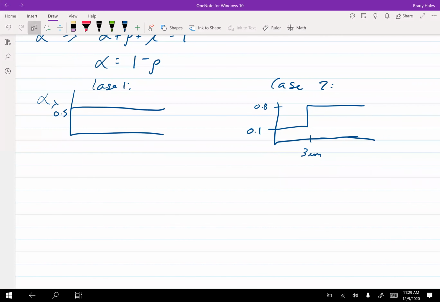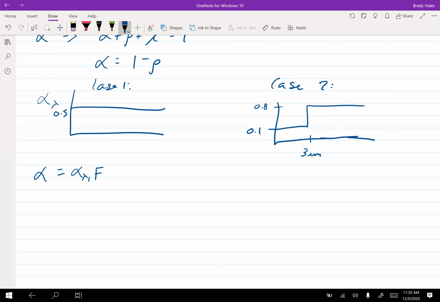All right, so now how do we find total alpha? In order to find total alpha, we can use the fractional functions. And actually, I apologize, we don't have to do that for case 1 because it's not changing with regards to lambda. Remember, this was a problem I just came up with as an example.